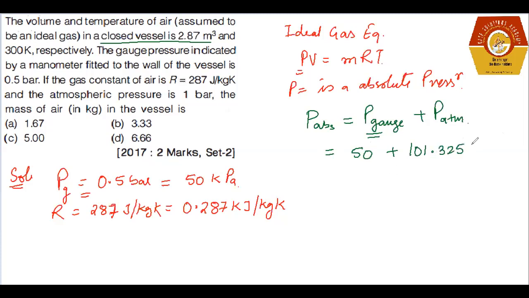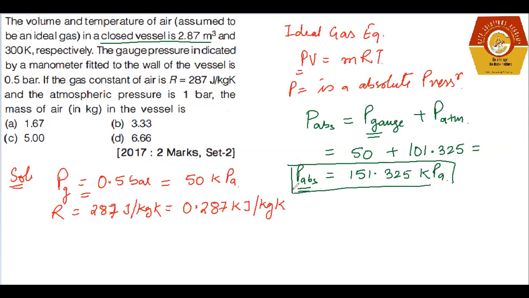So your absolute pressure is equivalent to 151.325 kilopascal. So this is your absolute pressure. Now this absolute pressure you can apply in the ideal gas equation, right?